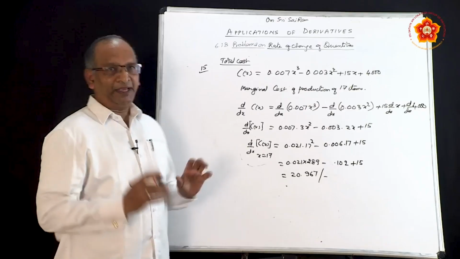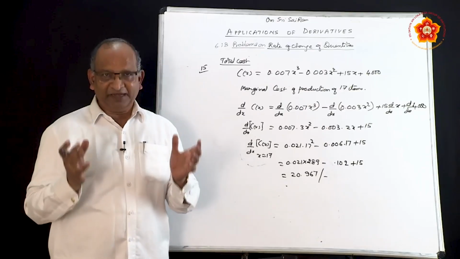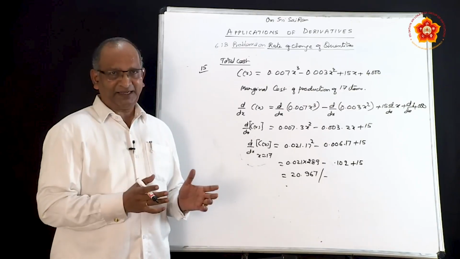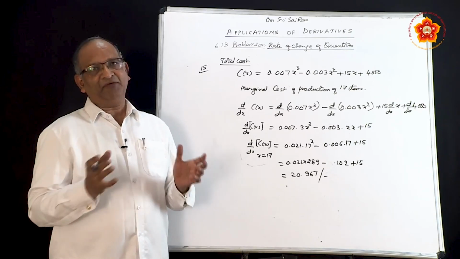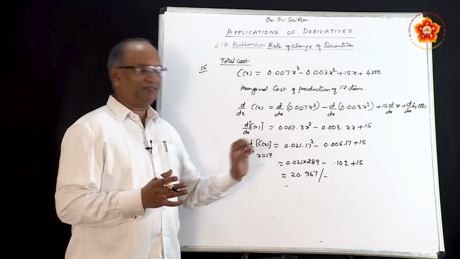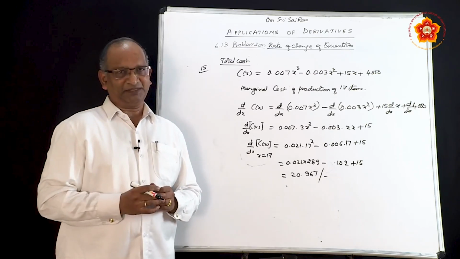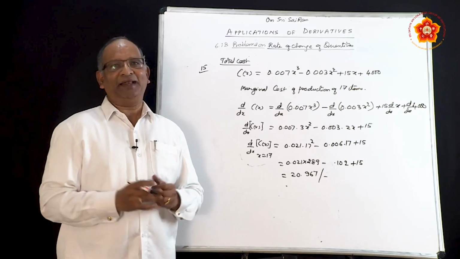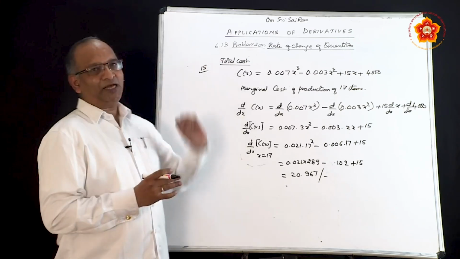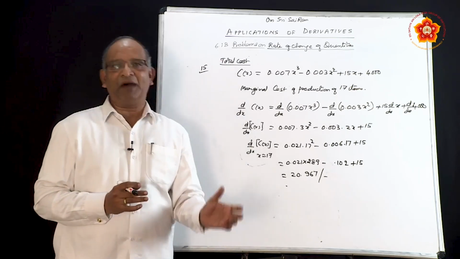Rupees. In order to produce 17 items in the factory, the money which they have to spend is 20 rupees 96 paisa, or approximately 21 rupees. So in this particular manner, if you know the total cost, you can always find out the marginal cost.